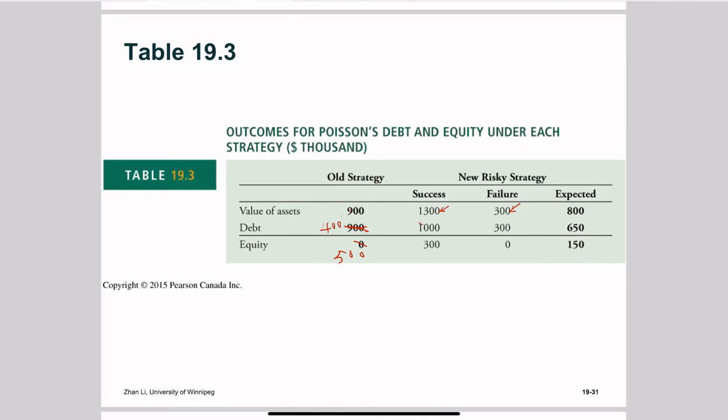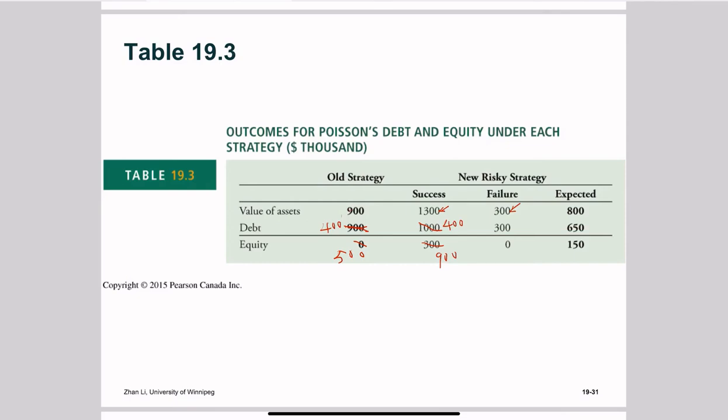So in the case of success, debt holders can get 400. So equity holders would get 900. And then in the case of failure, obviously the firm has to declare bankruptcy and debt holders will only get back $300,000. So shareholders will get back 0.